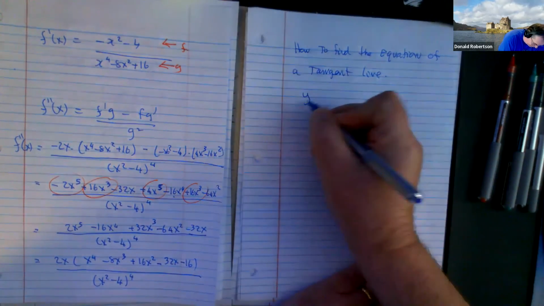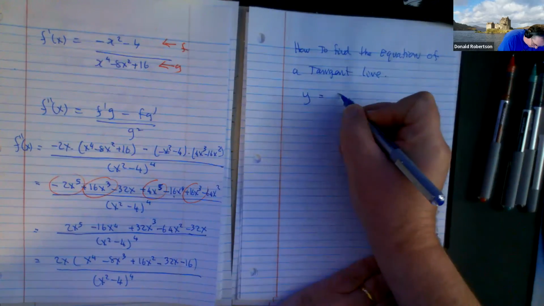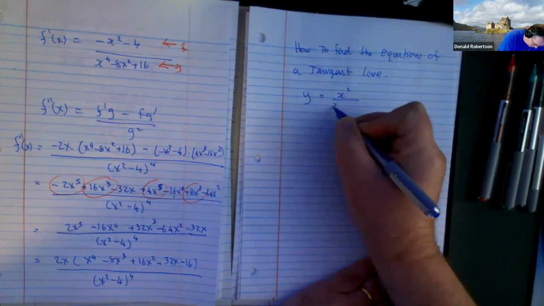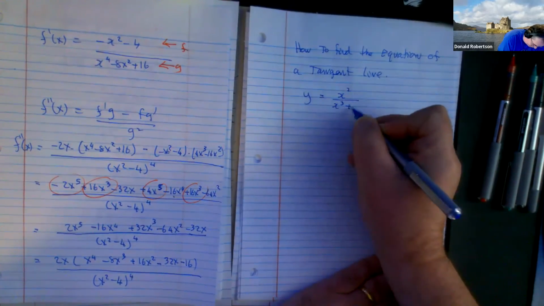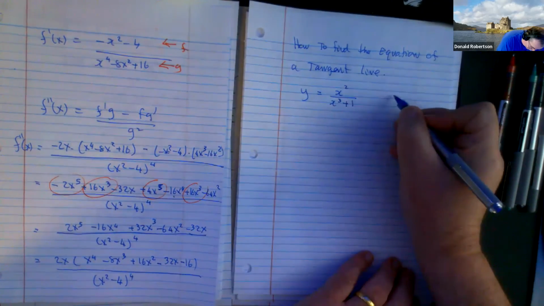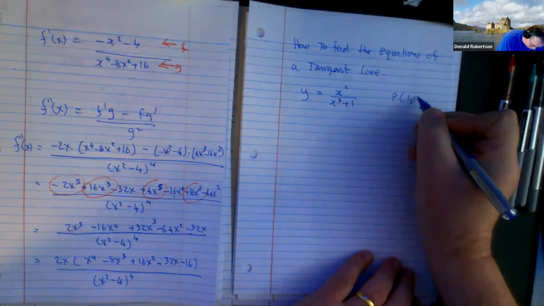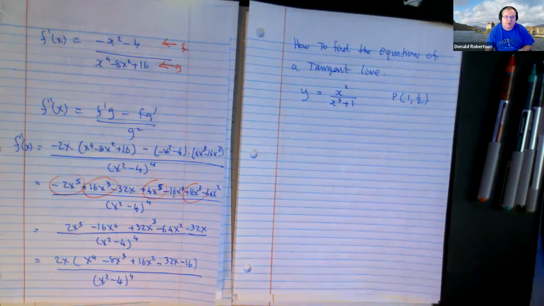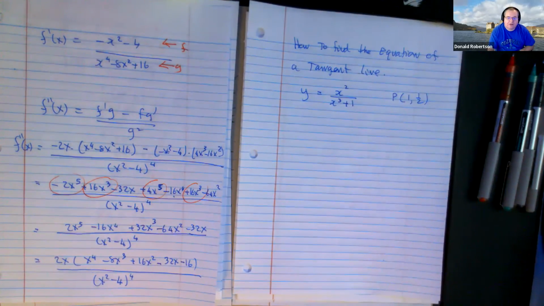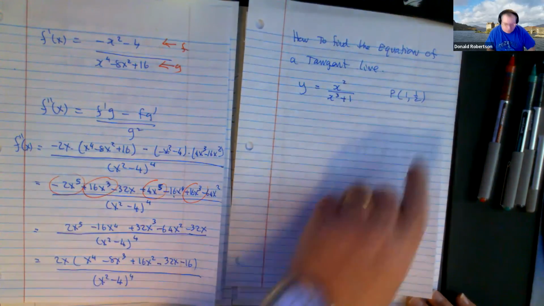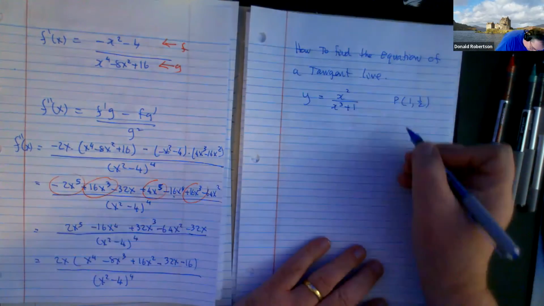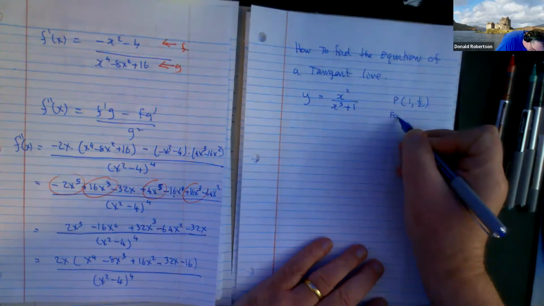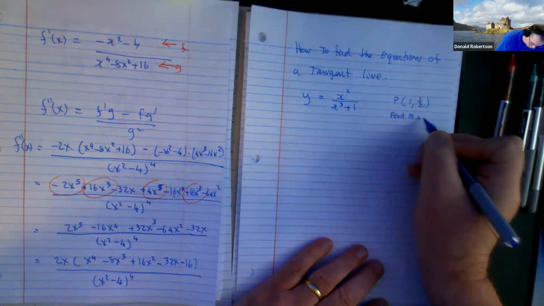So suppose you were being asked to do this at the point P (1, 5), right? So we're being asked to find the equation of the tangent line to this rational function at the point (1, 5). What we need to do is find m, which is the slope of the tangent line.